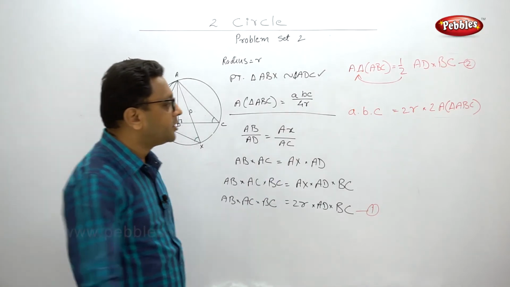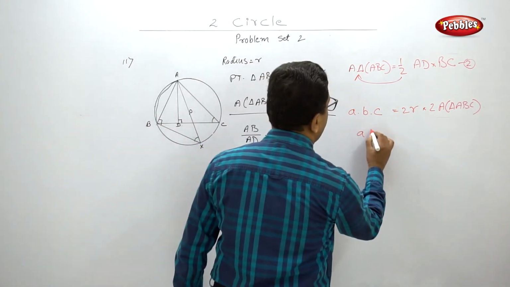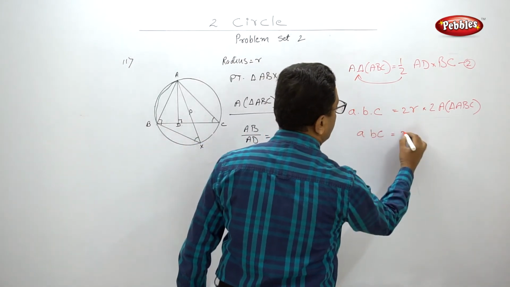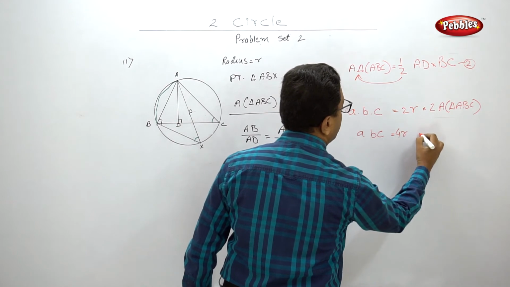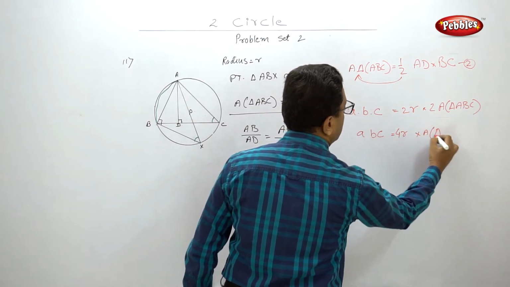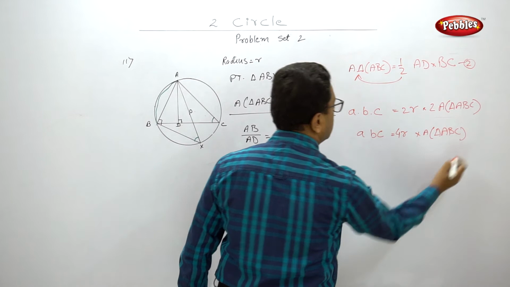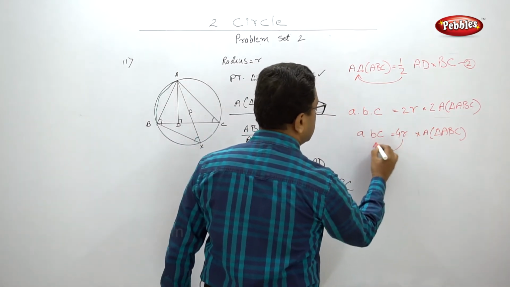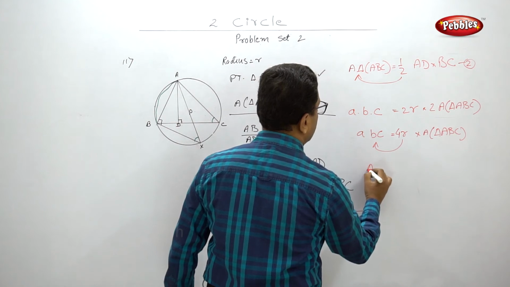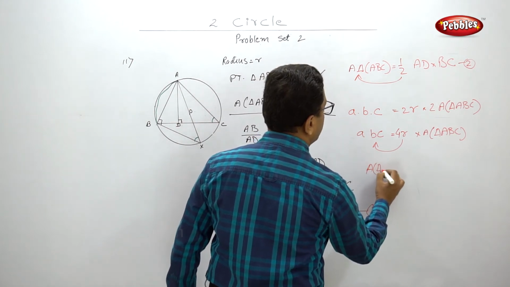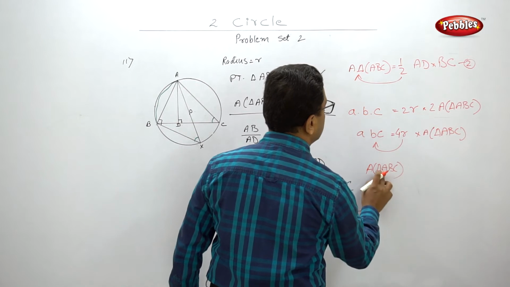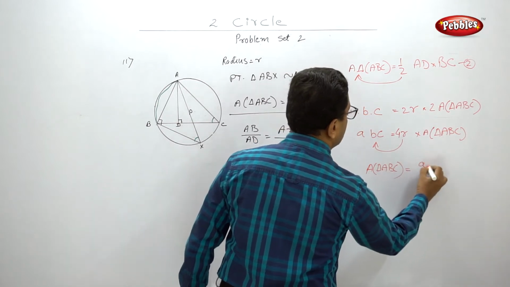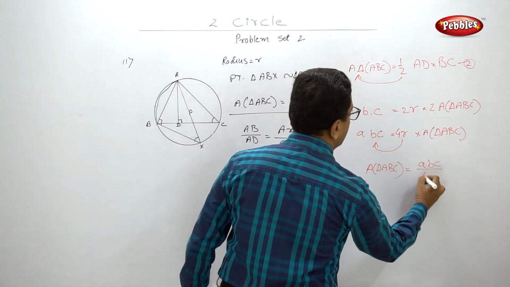Now I just have to resubstitute: abc equals 4R into area of triangle ABC. So I will shift this 4R to this side, so the area of triangle ABC is equal to abc upon 4R.